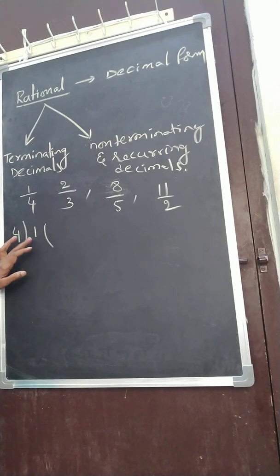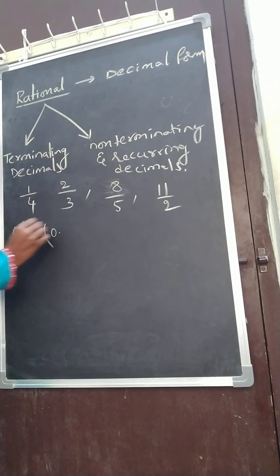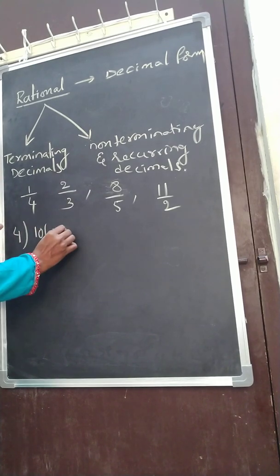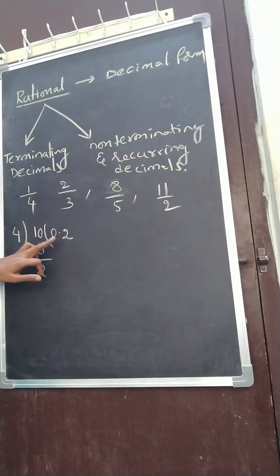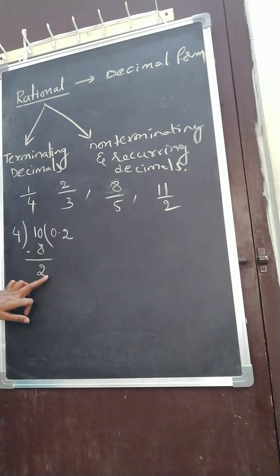1 is not divisible by 4, so we take a decimal point and take a 0 in the dividend. Now the dividend is 10. In the 4 table, 4 twos are 8. 10 minus 8 is 2. Here we have the decimal, so every time we take down a 0.